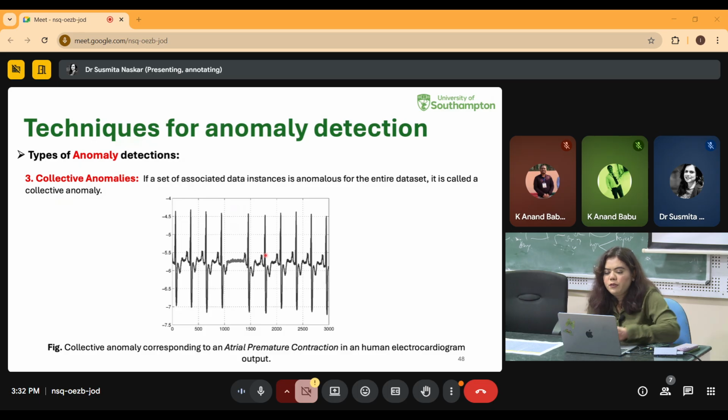If you look at this figure here, this is an example of an ECG output, where a premature contraction actually happened. It shows how the heart rhythm is behaving. Collective anomalies are especially common, as I said, in time series data, network activity logs, and sensor outputs, where patterns matter more than a single reading.